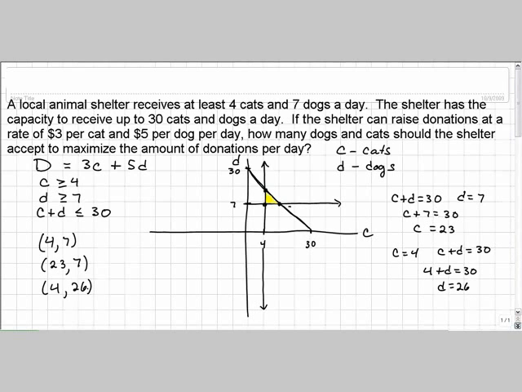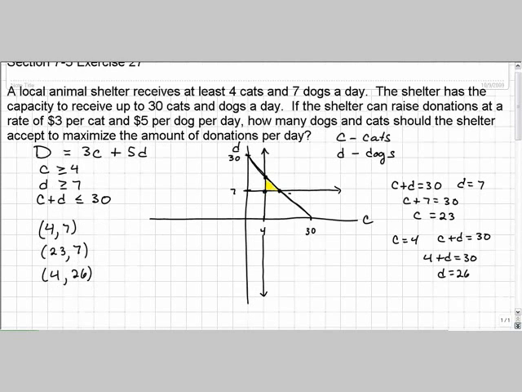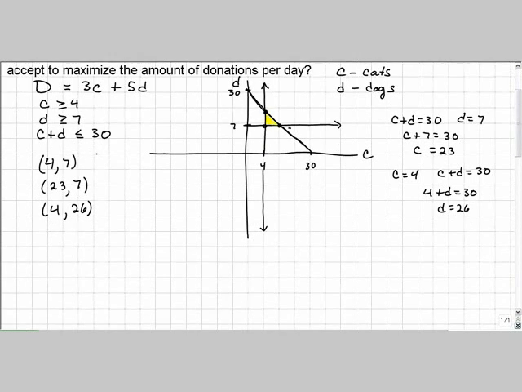We want to see where our donations are maximum, so we're going to check our capital D at each vertex. So first of all, at the vertex 4, 7, we have 3 times 4 plus 5 times 7, which is equal to 12 plus 35, or 47.